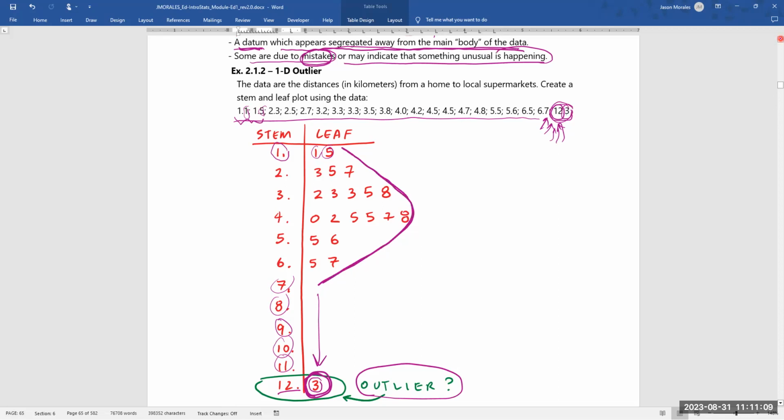And later, you will learn how to determine, with a mathematical procedure, a number, whether it's an outlier or not. Okay, but for now, just to understand the concept of an outlier, it's just a data point which appears to be far and away from the main body of the data itself.